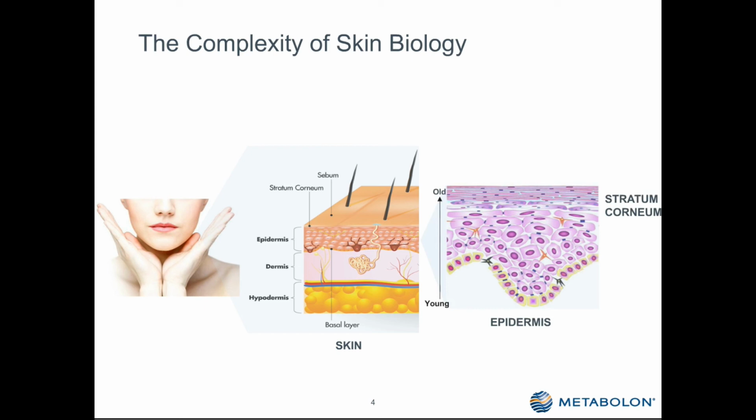The keratinocytes start at the stratum basale level, and they keep proliferating and migrating upwards. Eventually, those keratinocytes lose their nucleus and become corneocytes embedded in a lipid matrix. This whole area is called the stratum corneum, which provides most of the barrier function of the skin.